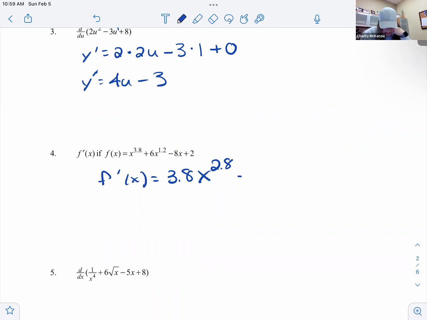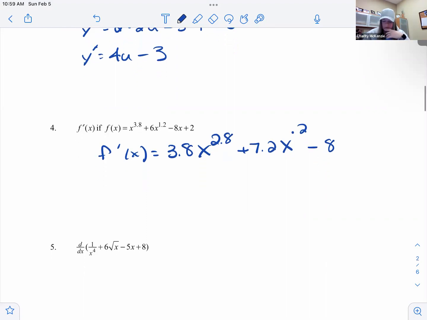So that's going to be a positive 7.2x. And then 1.2 minus 1 is 0.2. What does the -8x become? Just -8. What's the 2 become? 0. I don't have to write it. That's it. So notice we drop down 1 degree each time as we take the derivative.